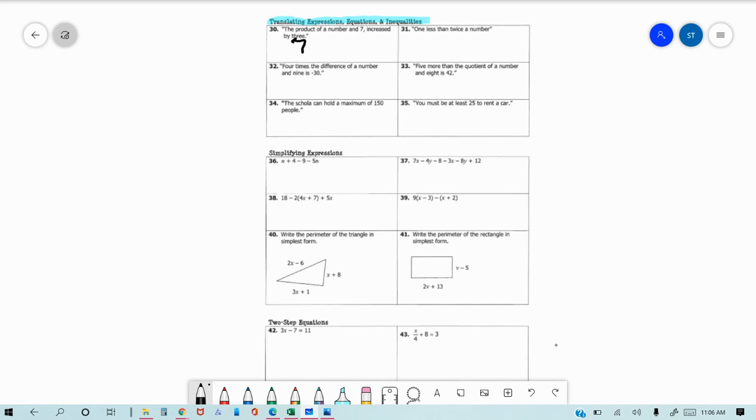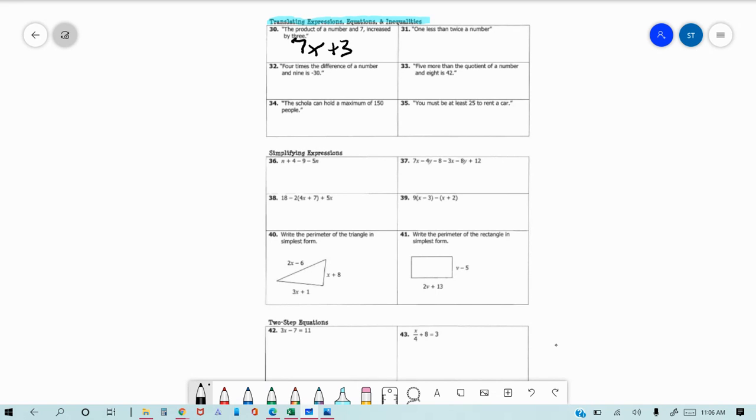So we have 7, and we can do X, increased by 3. So if you increase something, you add it. Basically, they're giving you a word problem, and they want you to put it into an actual equation, okay? Do you see how I did that?